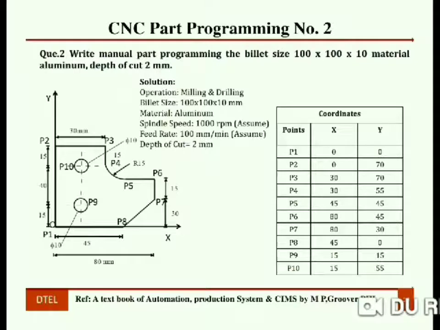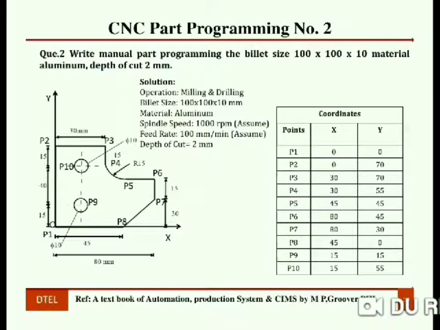As per our observation from the diagram, we can see what profile the tool has to cut. That profile is given. Similarly, there are two drilling operations and one complete single milling operation.